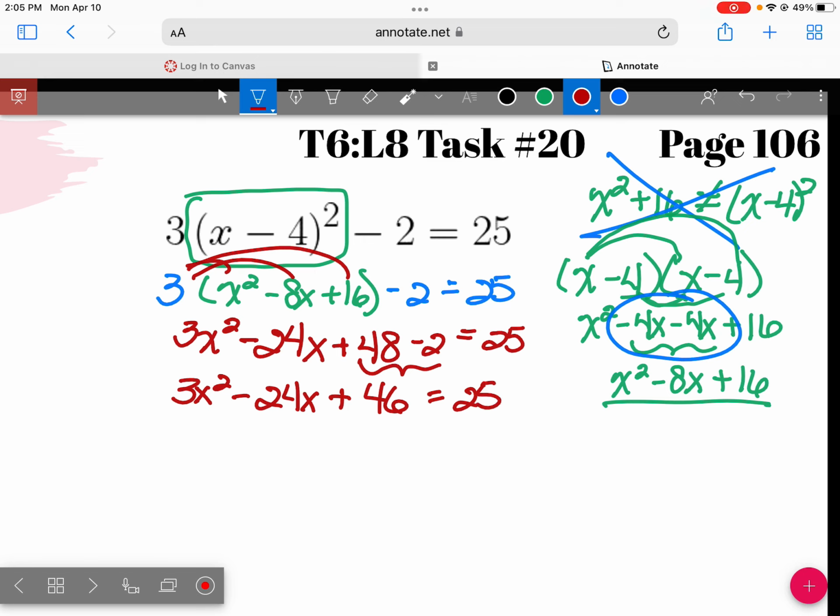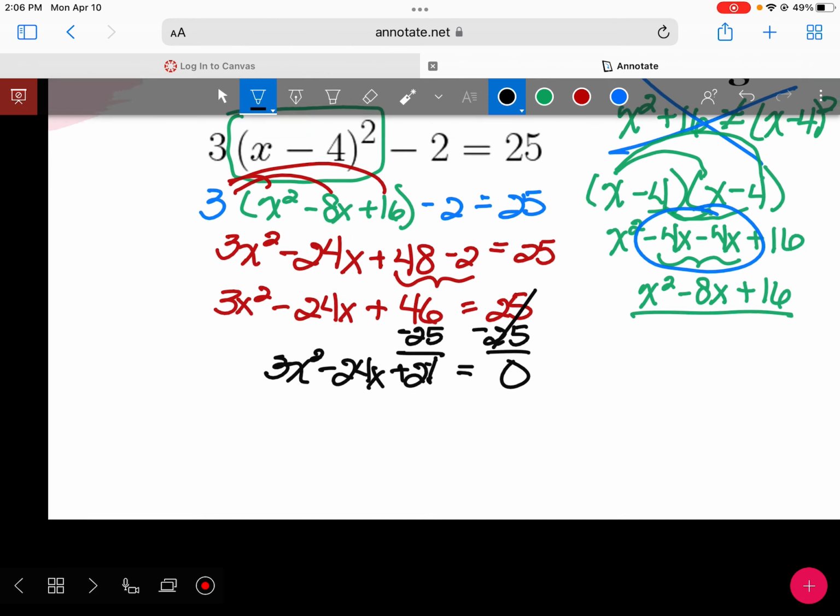Now I would try to set it equal to 0 by doing what? Subtracting 25, and you can only subtract 25 from another number, so no need to put it over on the left. Now I get the 0 I'm finally looking for. 3x squared minus 24x plus 21.